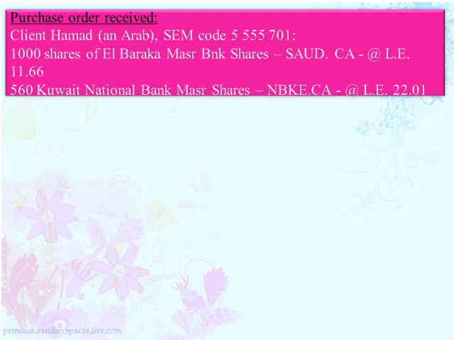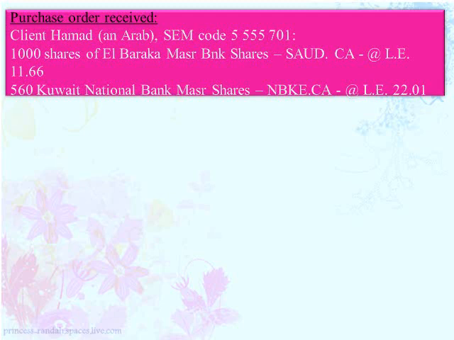Here we have client Hamad, who is an Arab. His SEM code is 45701, his code in the stock exchange market in Egypt. He wishes to buy 1,000 shares of Al Baraka Masr Bank.